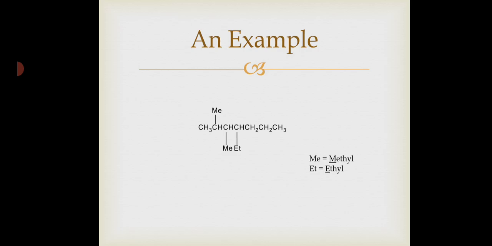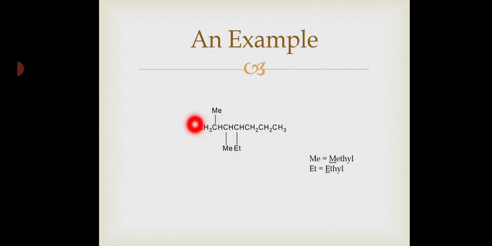Now, if you take this chain, then it contains 7 carbons. If you take this chain, then it contains 1, 2, 3, 4, 5, 6 carbons. If you take this chain, then it also contains 6 carbons.